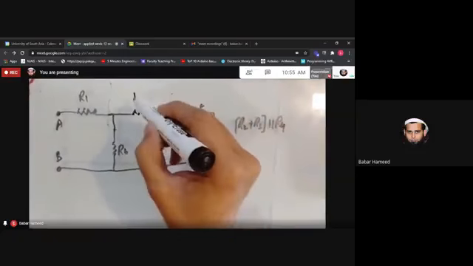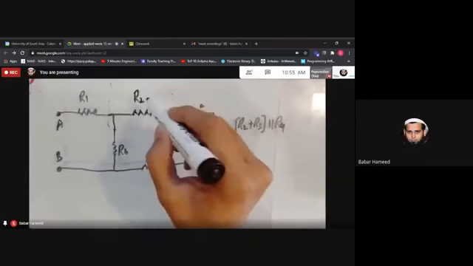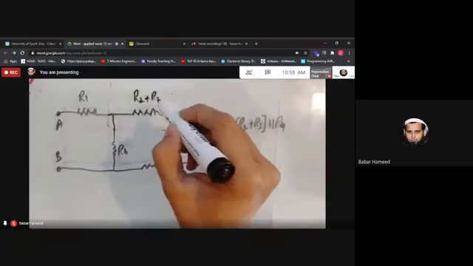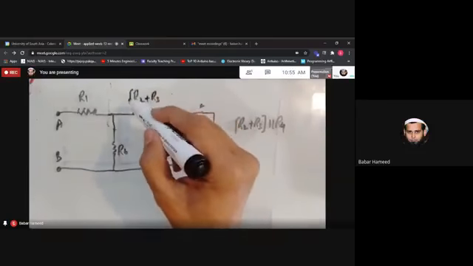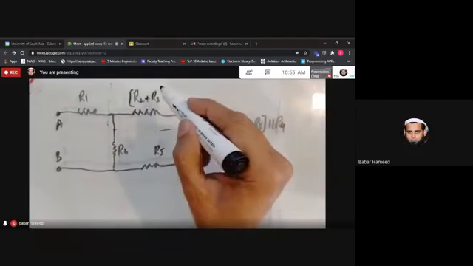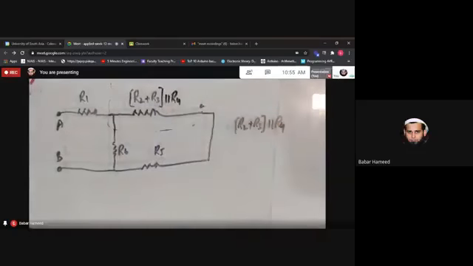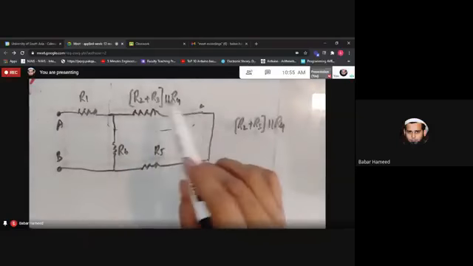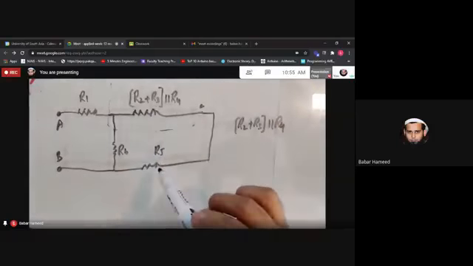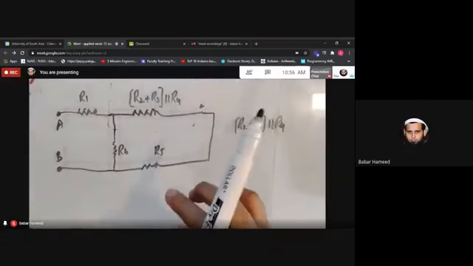Now you see the complexity is being reduced here. This series parallel combination is in series with R5.